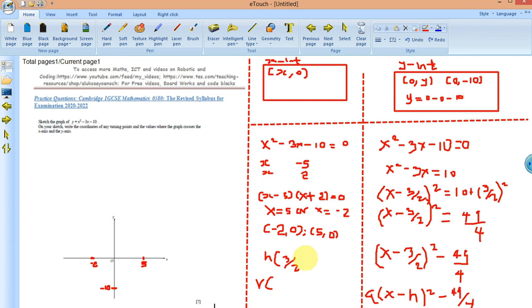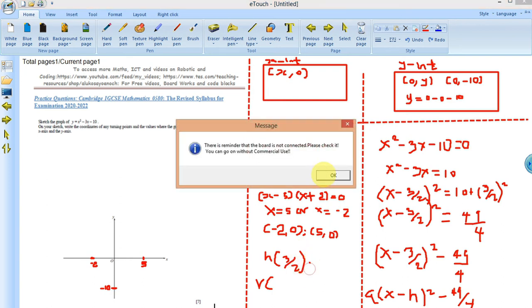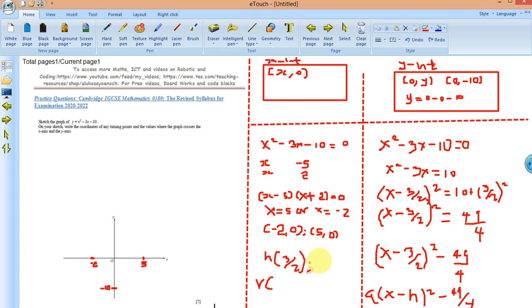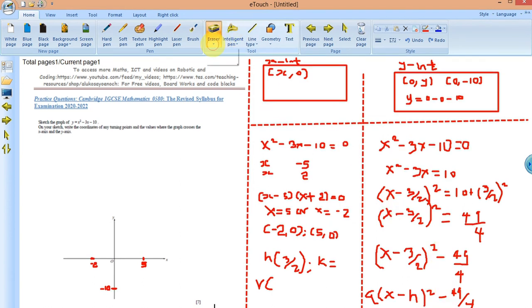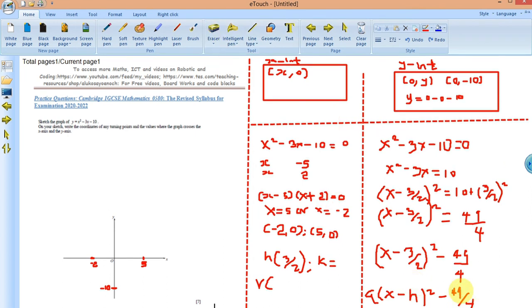I don't know why I'm supposed to put h equals something like that, but just forget it. h is 3 over 2, and my k is what? Oh, I'm sorry guys.